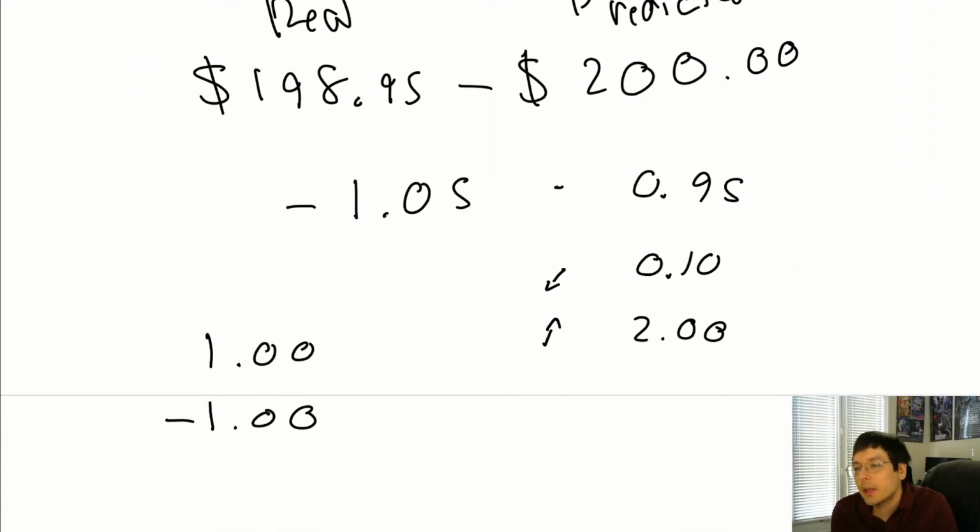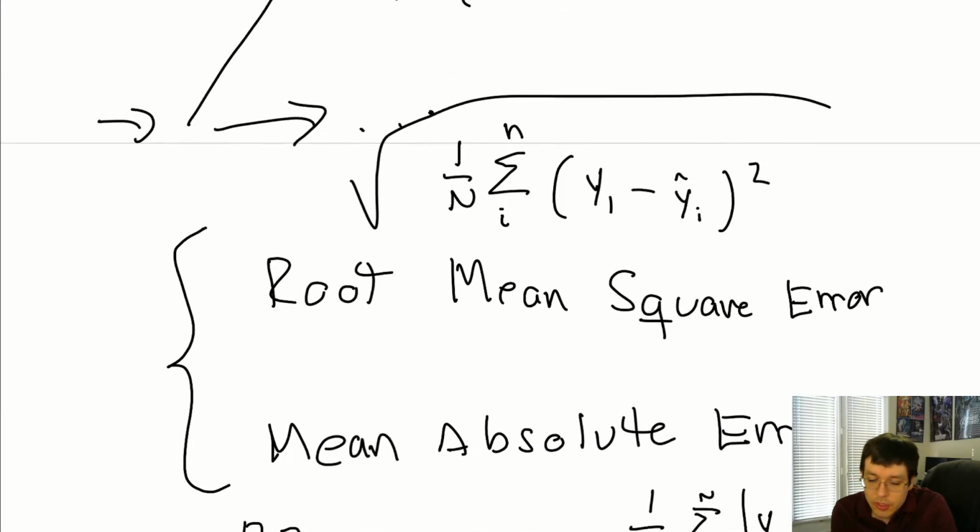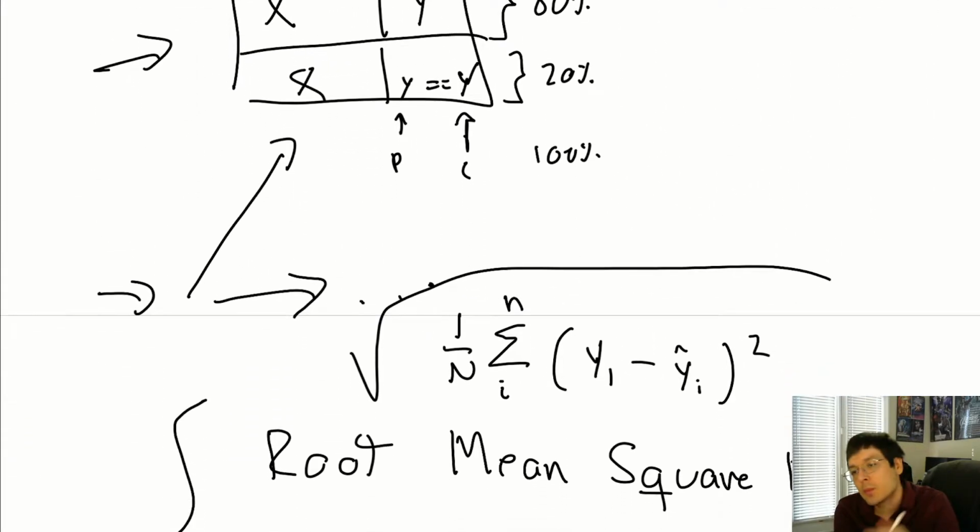If we get -1, -1 squared is also 1, right? So you get rid of the negative numbers that way, which is another alternative to not having issues with the pluses and minuses. And then again, you just take the average of all of these, and that's your mean square error. But it's still squared at this point. So then you have to take the square root of that to go back to the original number.